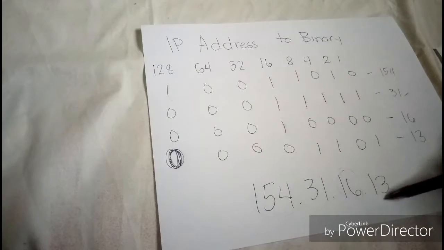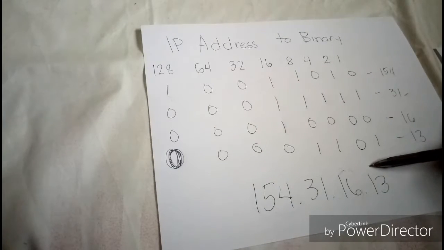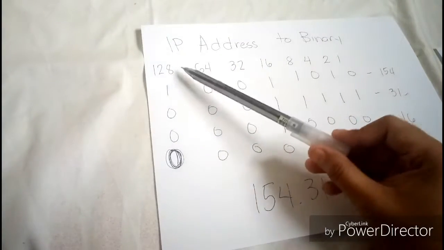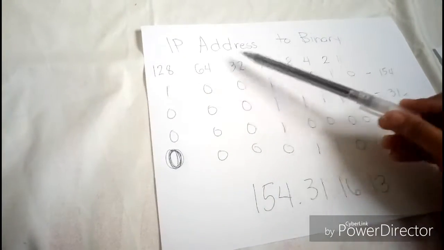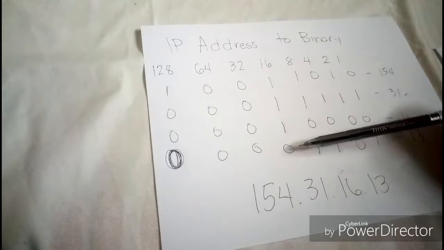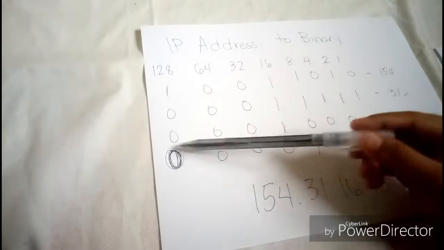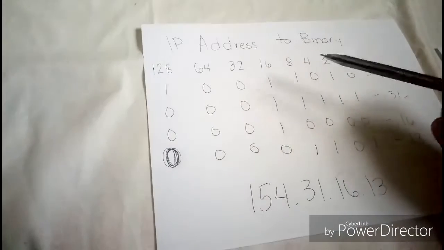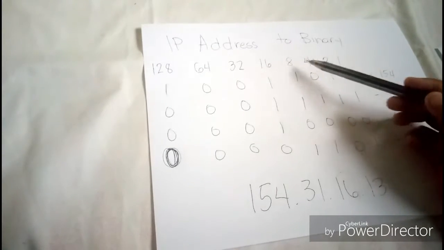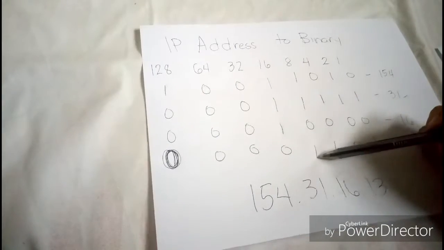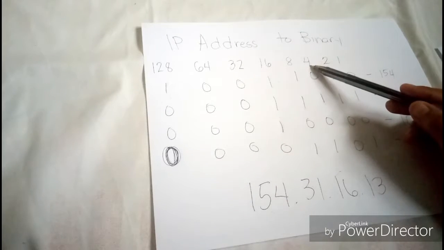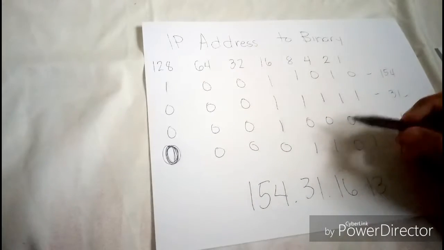Then the last one is the 13. So 128, 64, 32, and 16 are all greater than 13. That's why I put 0. Then I'll start with the 8. I put 1 on 8. Then 8 plus 4 is 12. So I put 1.